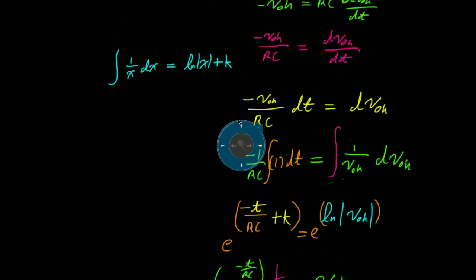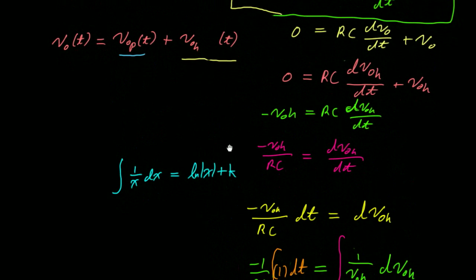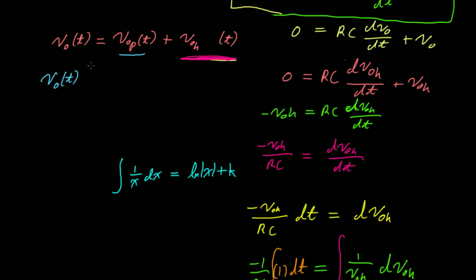Let me go back up here and rewrite what we know so far. We know that V out as a function of time is equal to our V out homogeneous, which we figured out was some constant k that we don't know yet, times e raised to the minus t over RC.